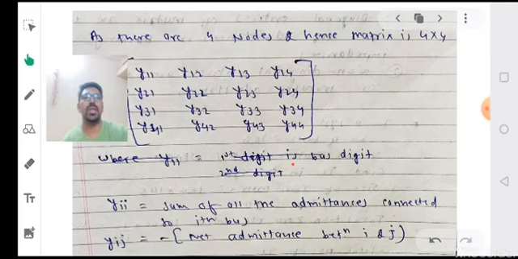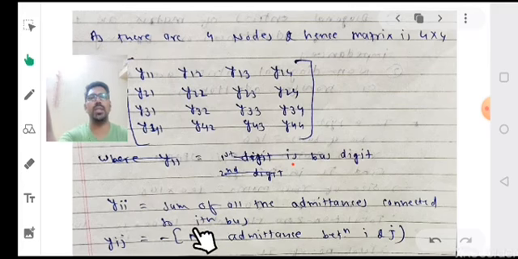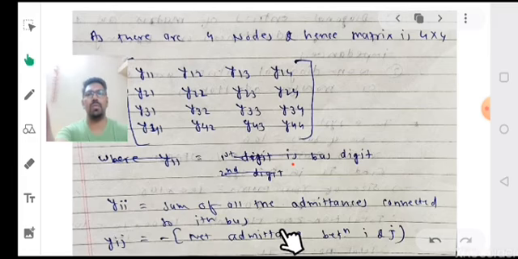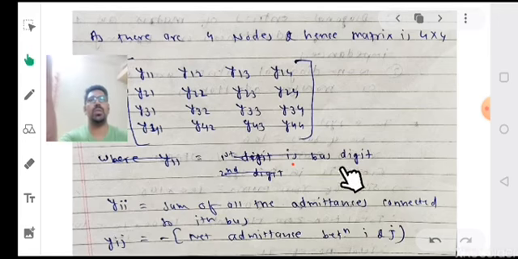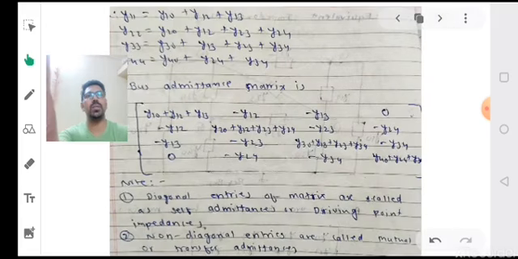That is minus the net admittance between 1 and 2, so it is minus y12. If we take Y13, where i is 1 and j is 3, it is minus the net admittance between 1 and 3, that is minus y13. So this is about the calculation of diagonal and non-diagonal elements.